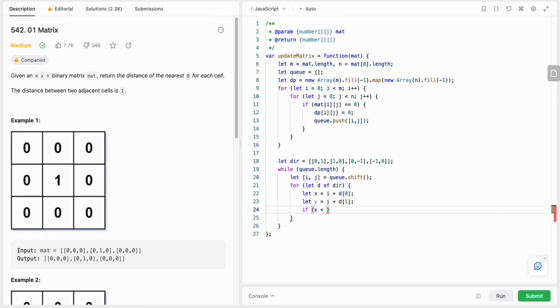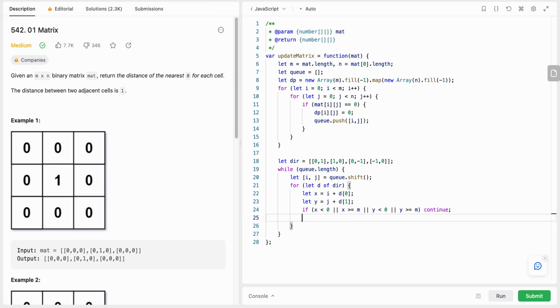Okay, so x is less than 0, or x is greater than or equal to m, or y is less than 0, or y is greater than or equal to m. That means they are not valid, they do not represent a valid index. They go out of bound, and we just continue with the next calculation, right? Continue.